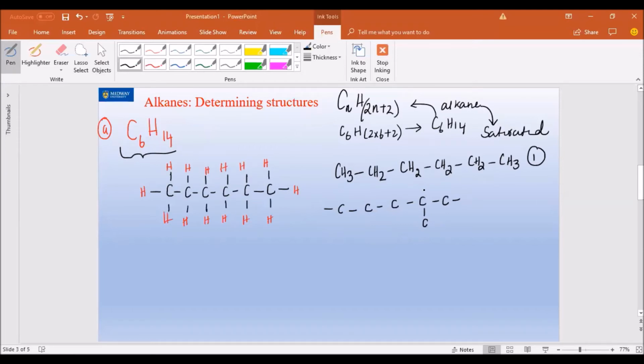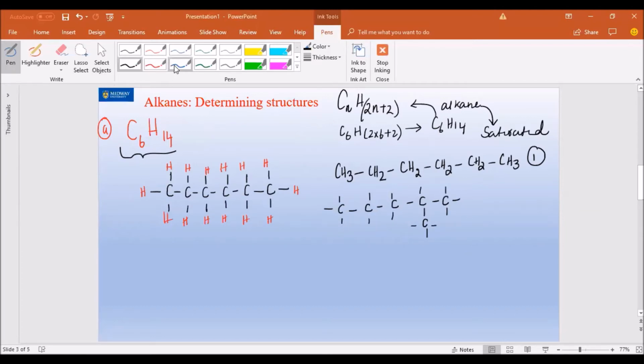So now this carbon still only has 3 bonds, so let's put 1. This carbon has 1 above, so let's put 1 to the left, to the right, and down. There you go. So get a visual opinion first.